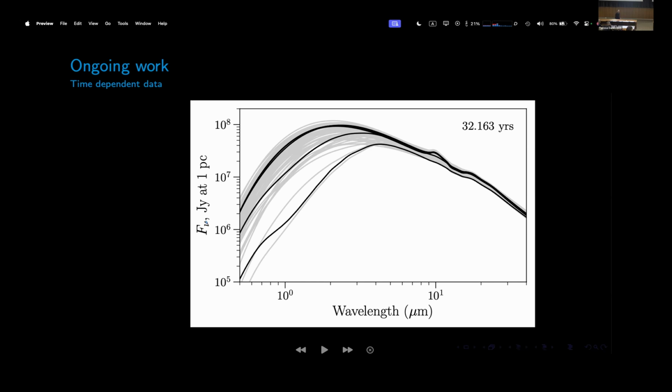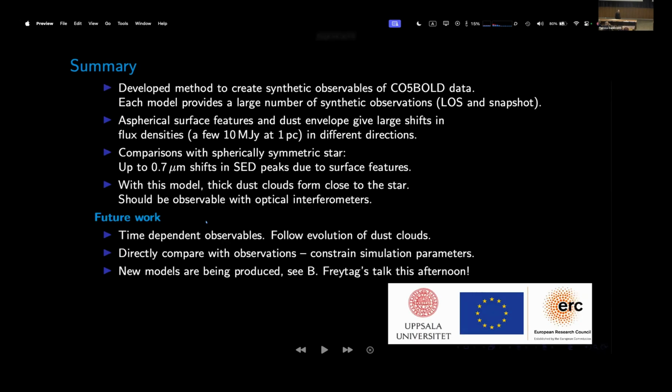Any other questions? We have time for one more quick question. You mentioned that from your models, you see that the dust forms close to the star, but how close? You mean just the stellar surface, the photosphere?